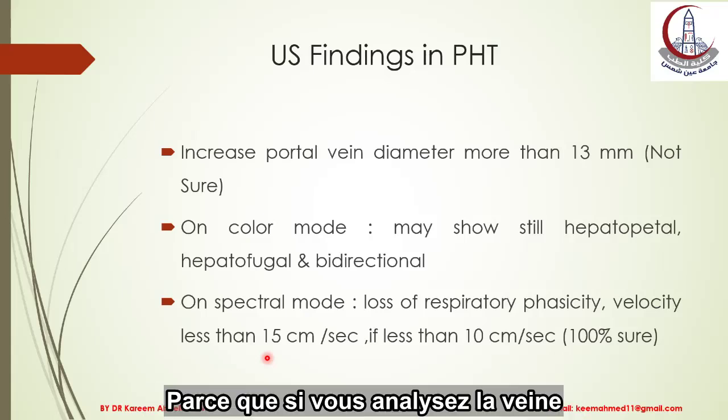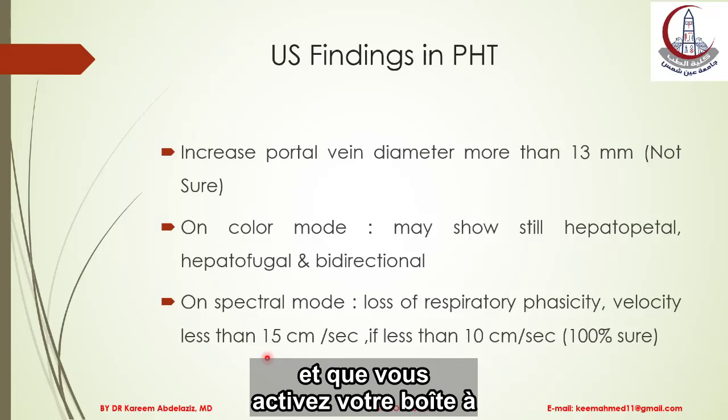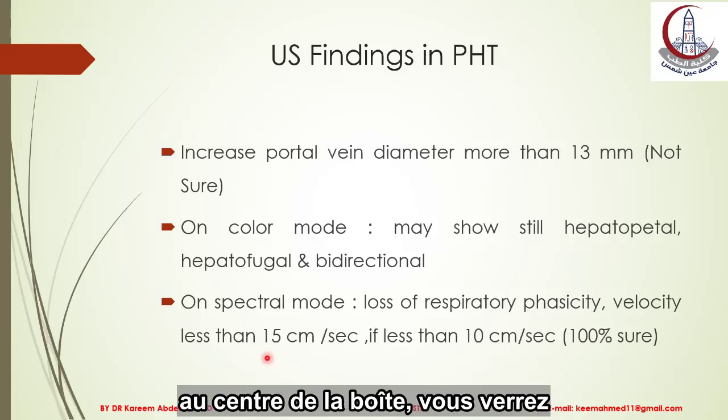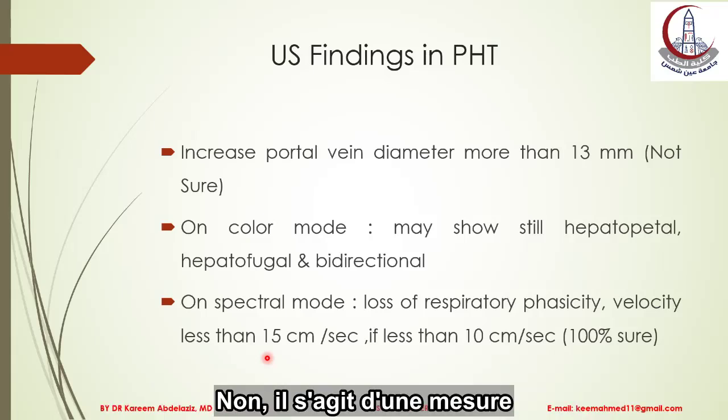Okay, because many, if they analyze the portal vein when it enters the liver and you activate your color box, putting the portal vein in the center of the box, you will see that the velocity will be 12 or 13. And you may suggest, so this is portal hypertension? No, this is a wrong measurement by your hand.